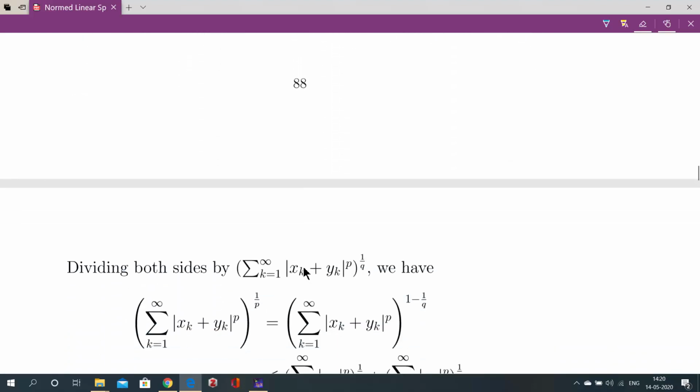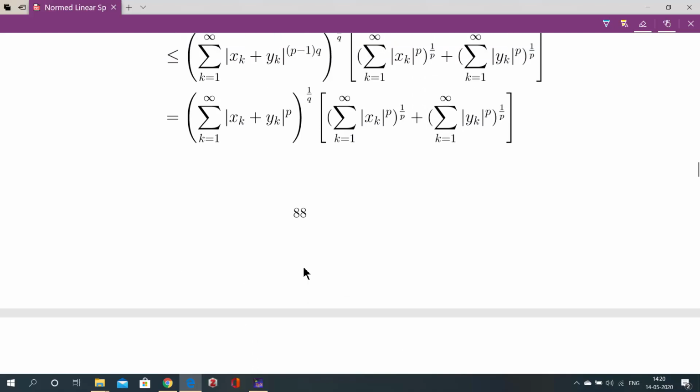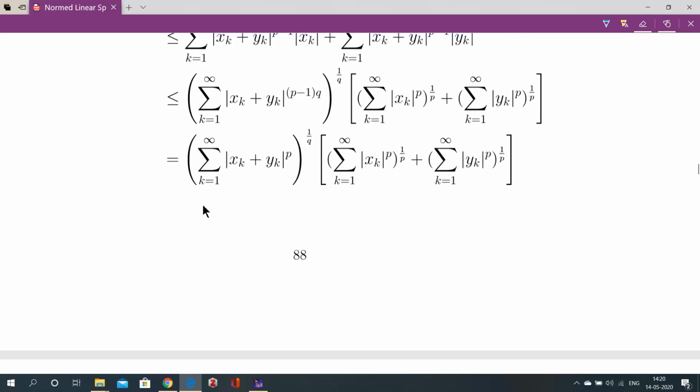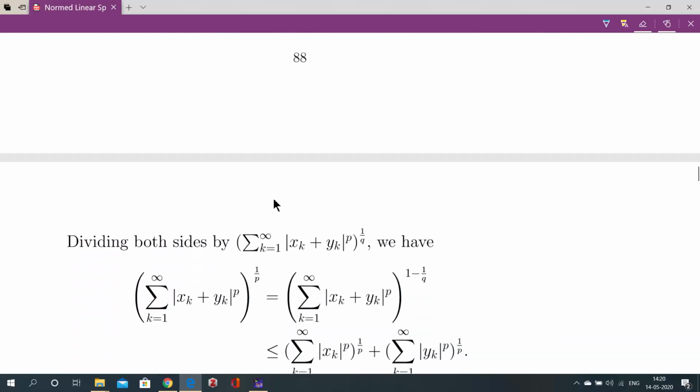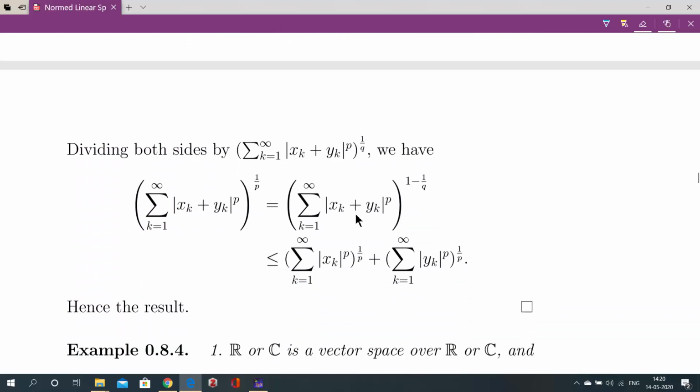Dividing both sides by this part, the summation of xk plus yk power p whole raised to power 1 by q, this becomes the summation of xk plus yk power p whole raised to power 1 minus 1 over q. So this becomes the summation of xk plus yk power p whole raised to power 1 by p, by using the property of exponent conjugates. And then on the right hand side we are left only with this part, and we get the result.